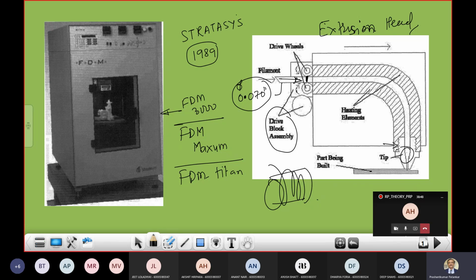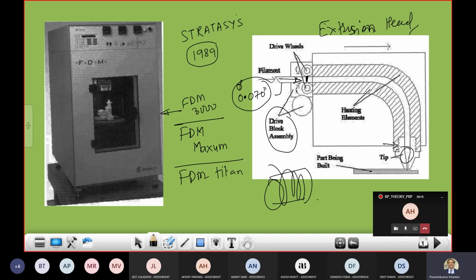The heating elements are held at a temperature slightly above the melting point temperature of the filament material. And why do we have to keep it slightly above the melting point temperature of your filament material?